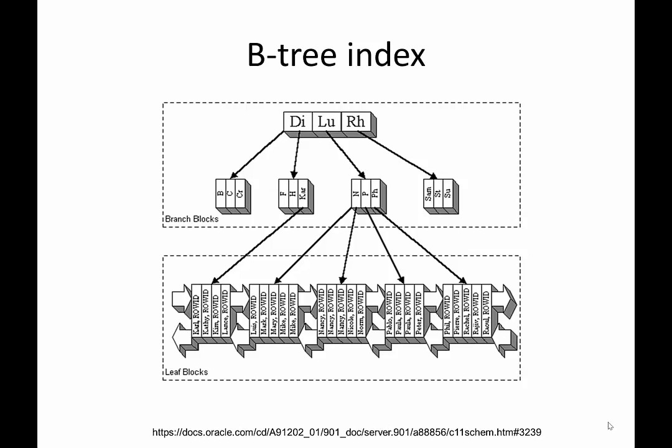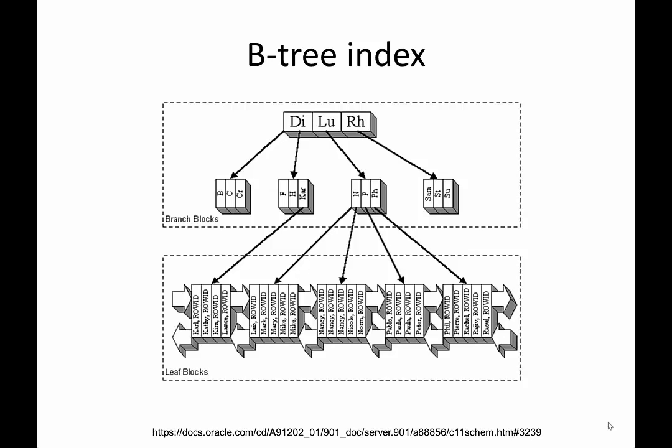The root node of our tree would be up here, but this is the first level of our tree. So all records which start with DI or earlier in the sequence are identified with this block.